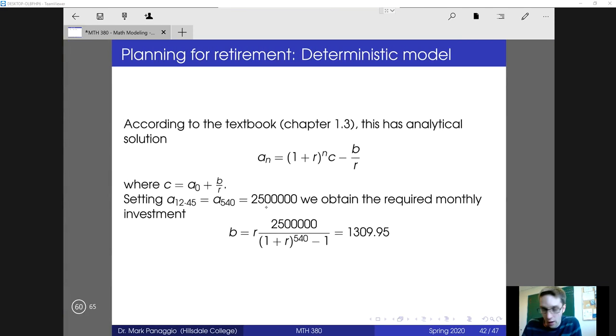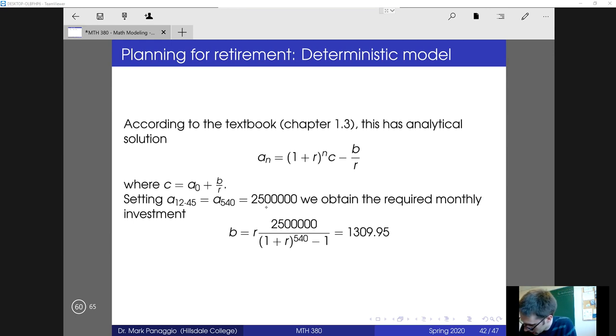Okay. Now, if you recall, our goal was to have $2.5 million saved after 45 years. So after 12 times 45 months, which is 540, we want the value of this to be 2.5 million. And so we could use our analytical solution to find exactly what type of monthly payments would be required to achieve that goal.